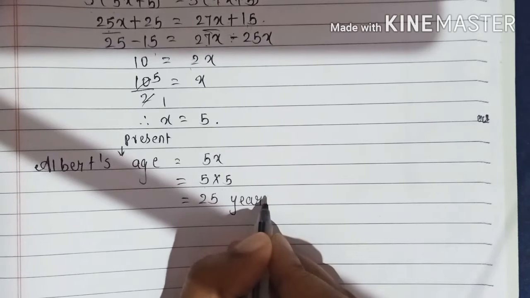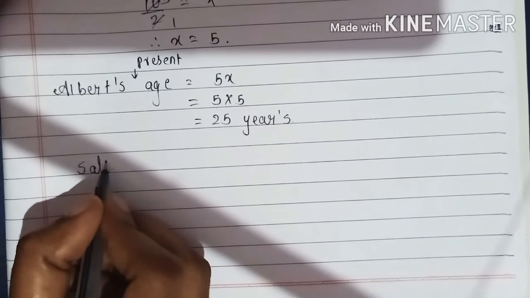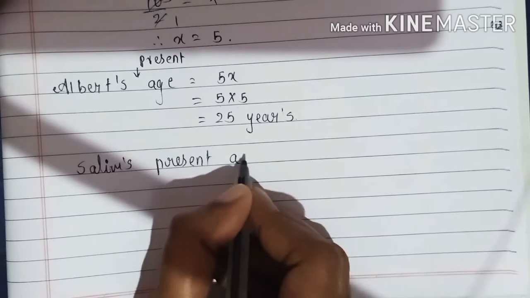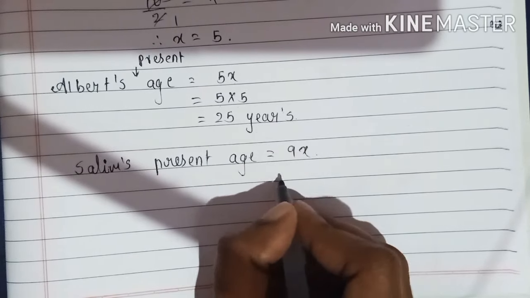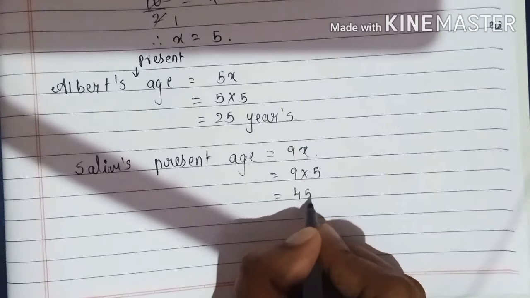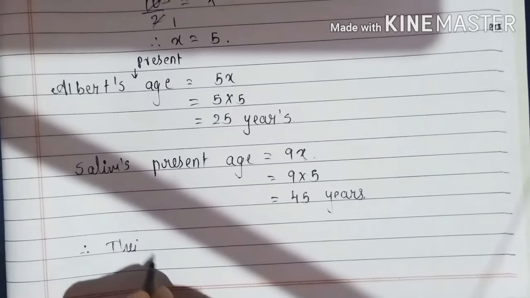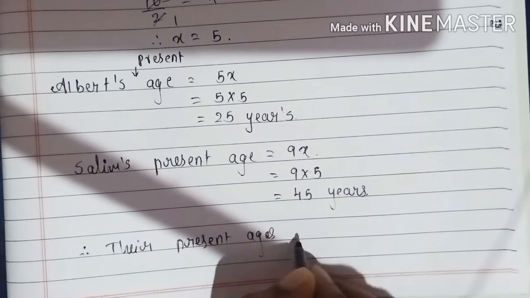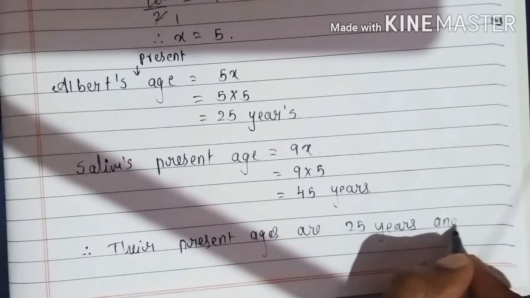That means Albert's present age is 25 years. Same way we will find out Salim's present age. Here Salim's present age we have considered as 9x. So 9 multiplied by x, the value of x is 5. 9 5s are 45 years. So therefore their present ages are 25 years and 45 years.